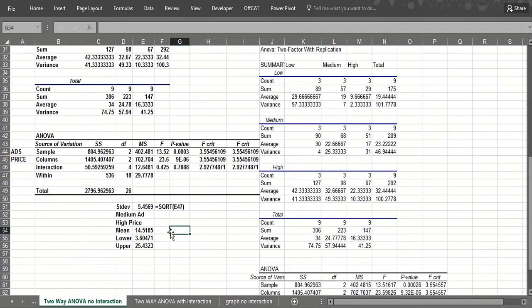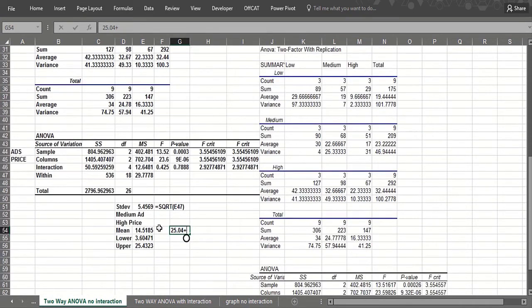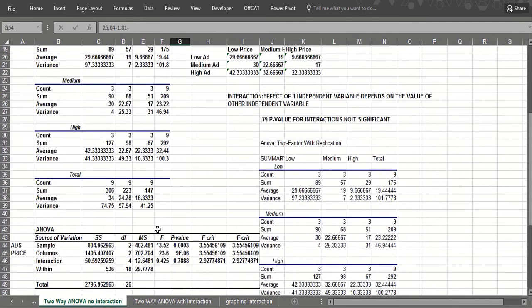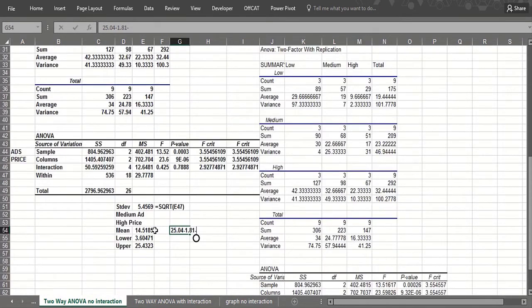Then for a medium ad, minus 1.81. And a high price, that should really kill us off, minus 8.7. Okay, so we subtract there, we get 14.5.